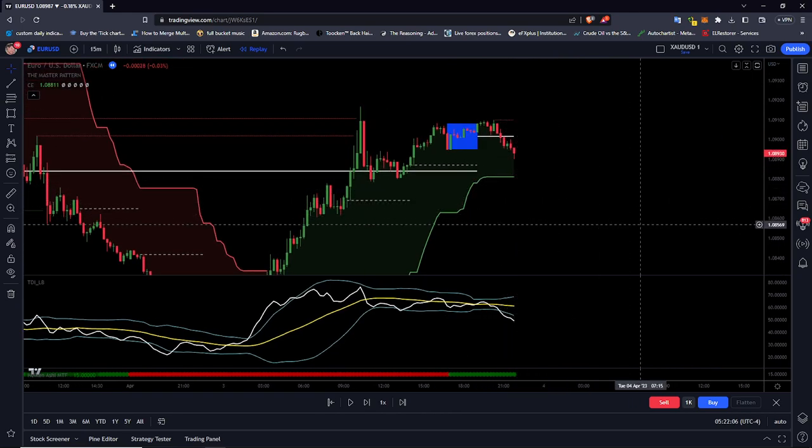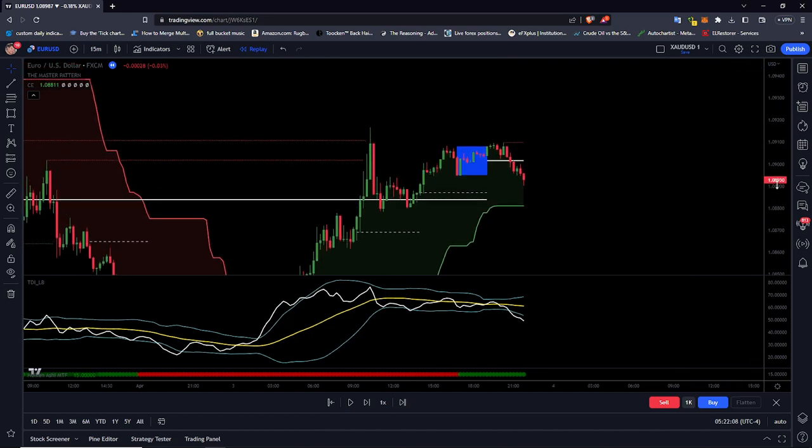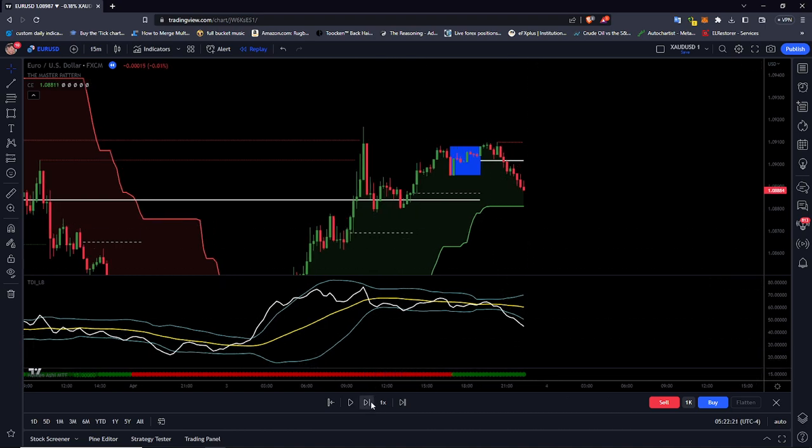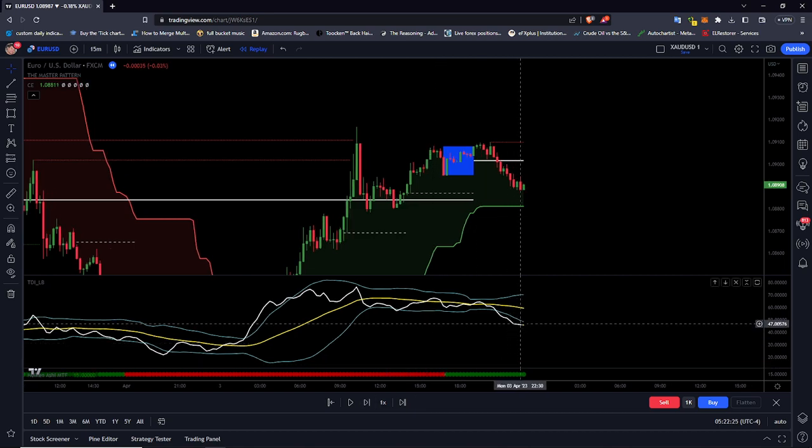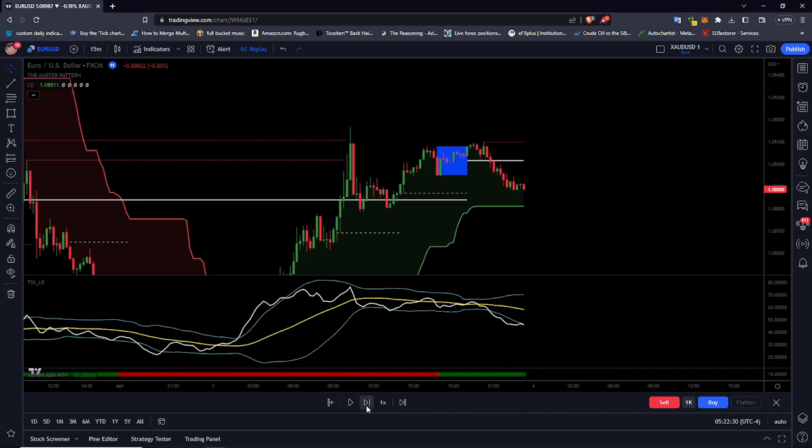So here is a very nice way to time your entry too, in tandem with the TDI, and also a very nice level to use tight stops. Okay, so we are waiting for the TDI line to get back inside the band so we can time our entry, right? Oh, almost inside.